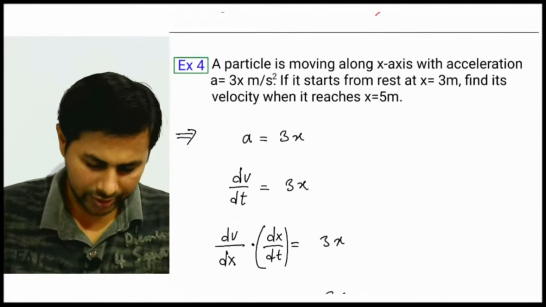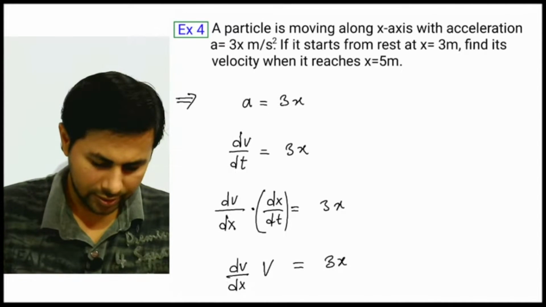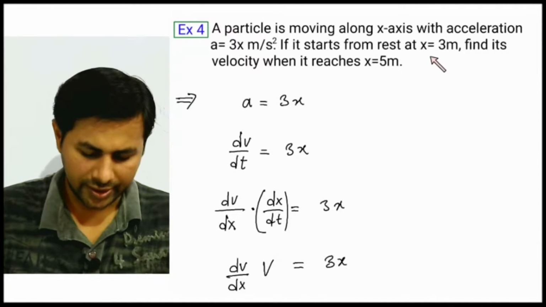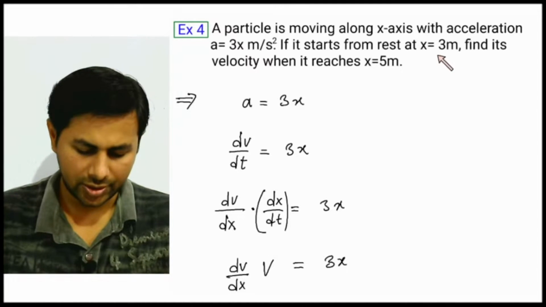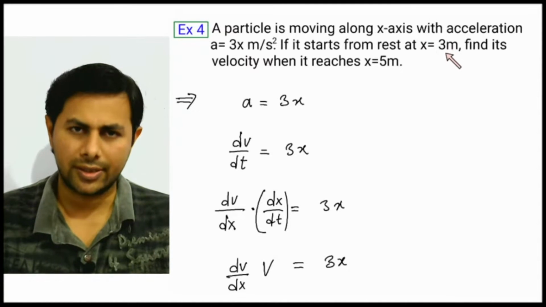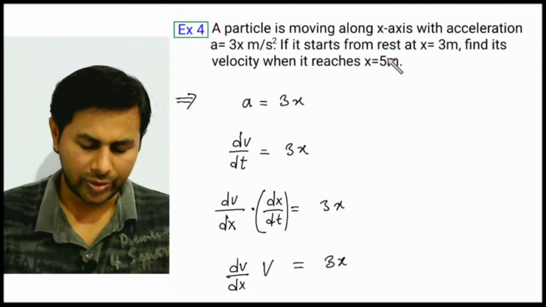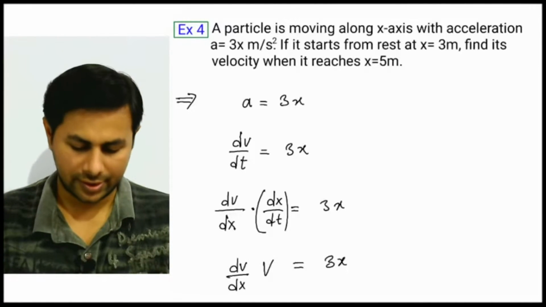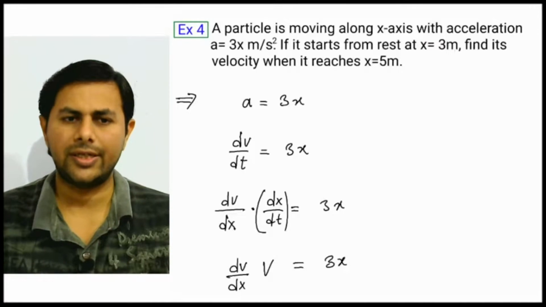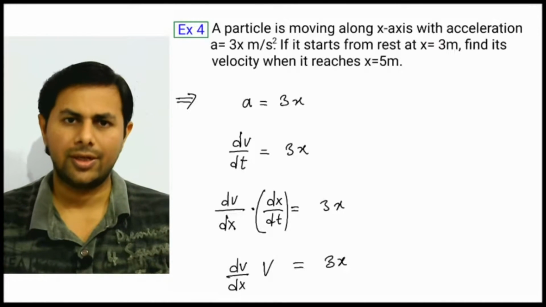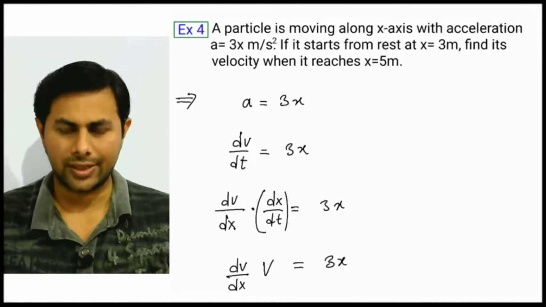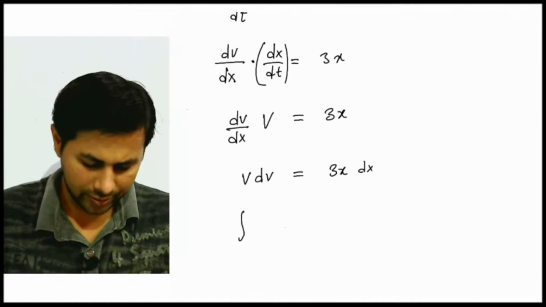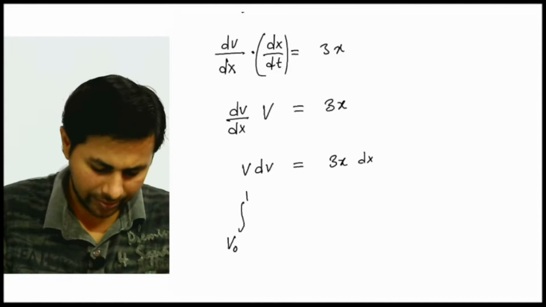So let's see question. So it starts from rest at x equals to 3 meters. So the initial position it is 3 meters, and we want to find its velocity at x equals to 5 meters. That means we have to integrate from x equals to 3 meters to x equals to 5 meters.